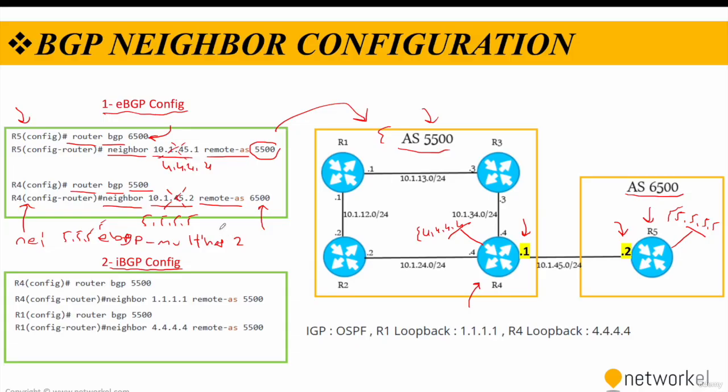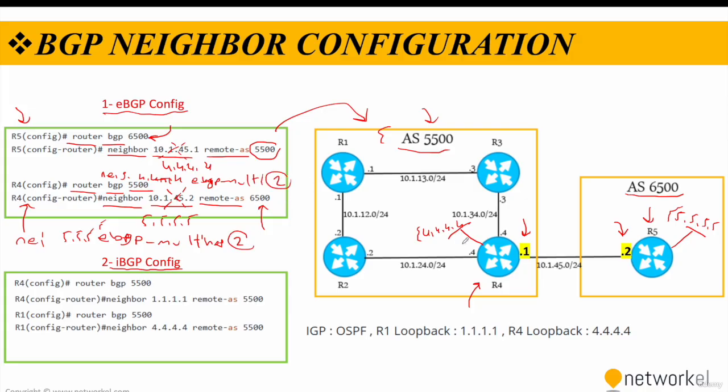Okay, when it comes to router 5, I will still define this one, neighbor 4444 remote AS 55,000. And I will do one more thing, neighbor 4444 followed with ebgp-multihop 2.